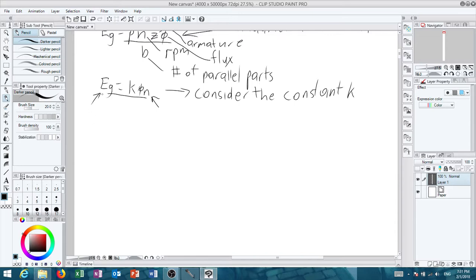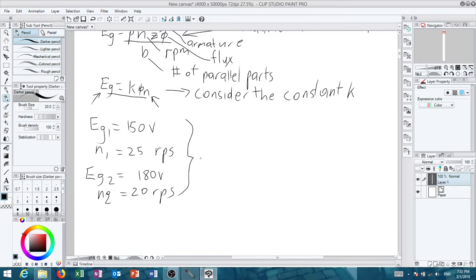Fortunate enough for us, we're given two values of each. So we can say EG1 is equal to 150 volts and N1 is 25 RPS. And we also have EG2 is equal to 180 volts and N2 is equal to 20 RPS.